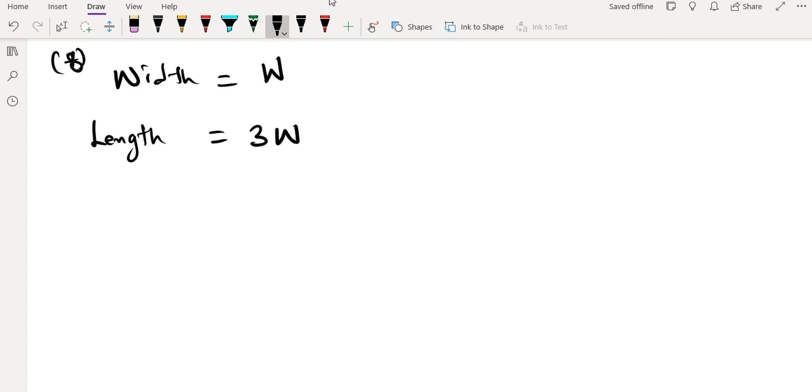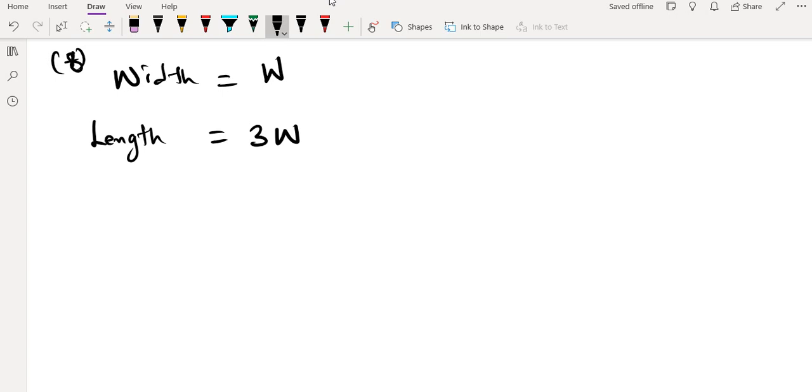That's what it simply says. So if the width has a particular length, the length of that rectangle must be 3 of that length.